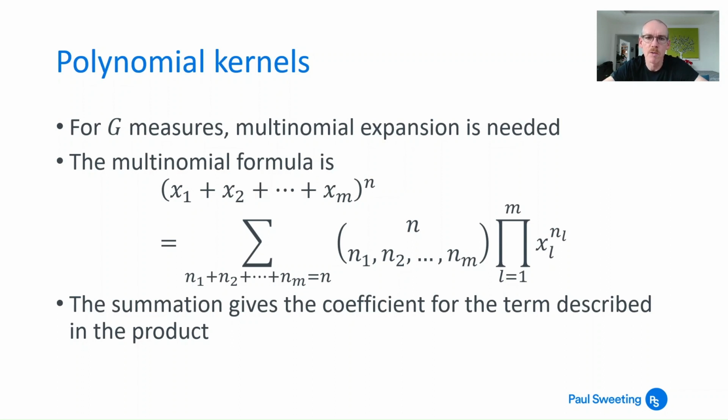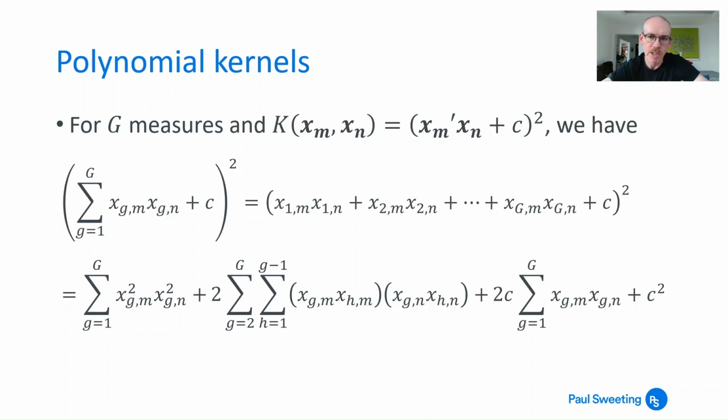So this is the multinomial formula, which gives you the value of each of the powers that you might have in a multinomial expansion if you've got g measures. And the summation gives you the coefficient for each term which is described by the product.